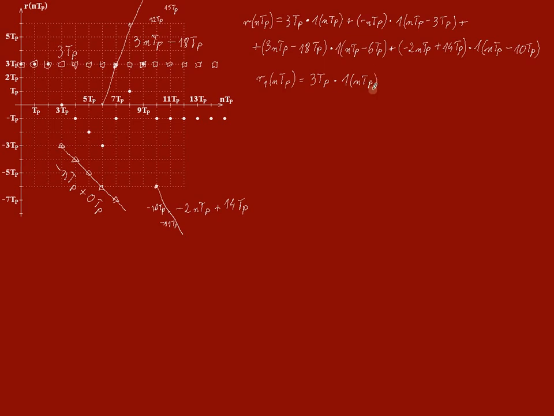As I already explained in the previous task, if I only have a unit step, I do not need to transform anything here. The second component.